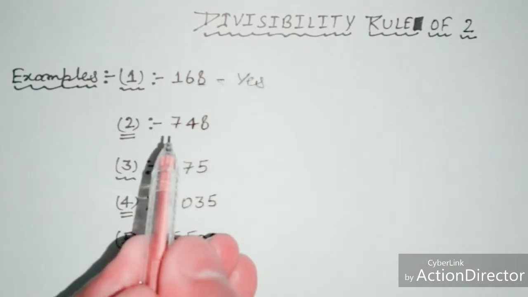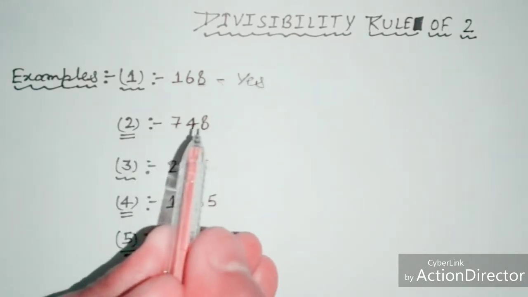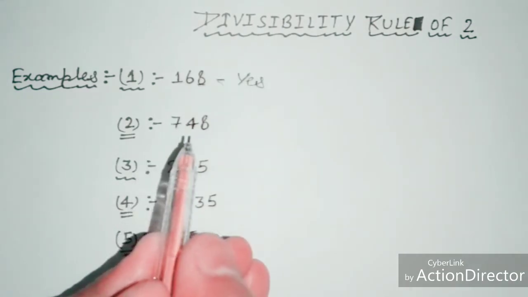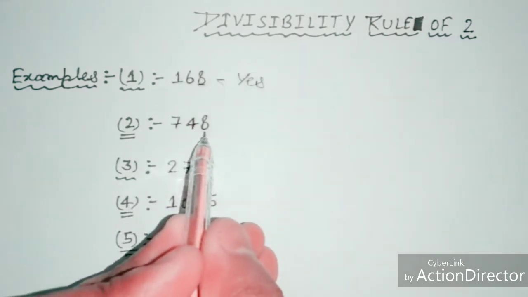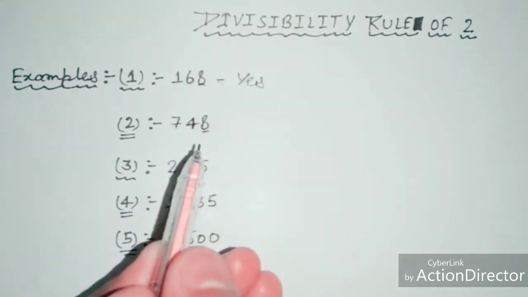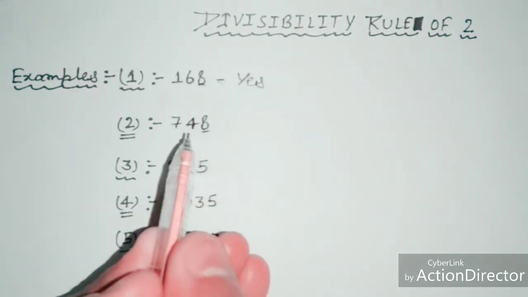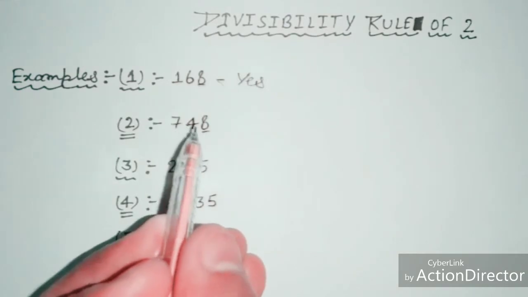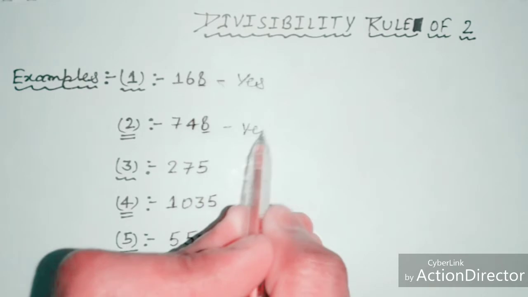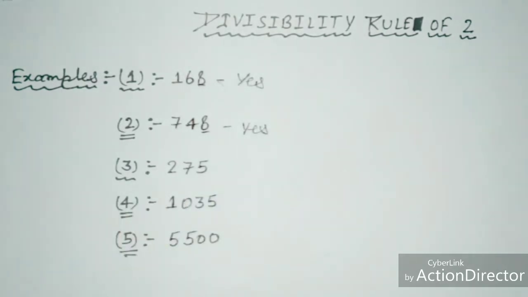Next, example number 2, 748. In this number, the unit digit is 8 and 8 is divisible by 2. 2 fours are 8. So this number 748 is divisible by 2. So we say yes, this number is divisible by 2.